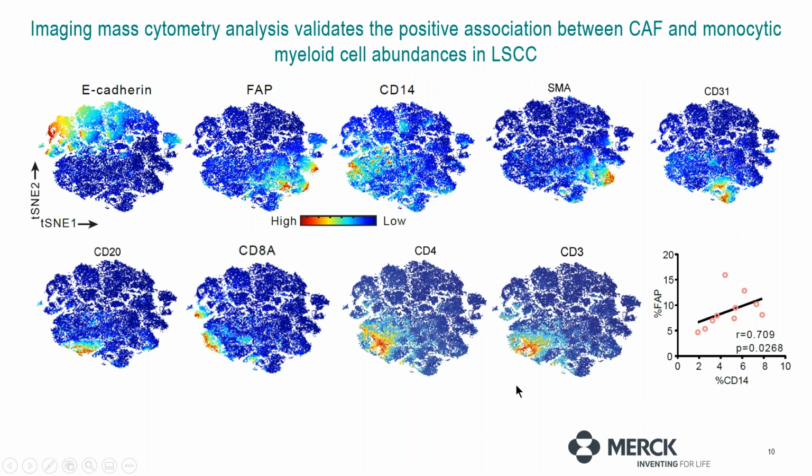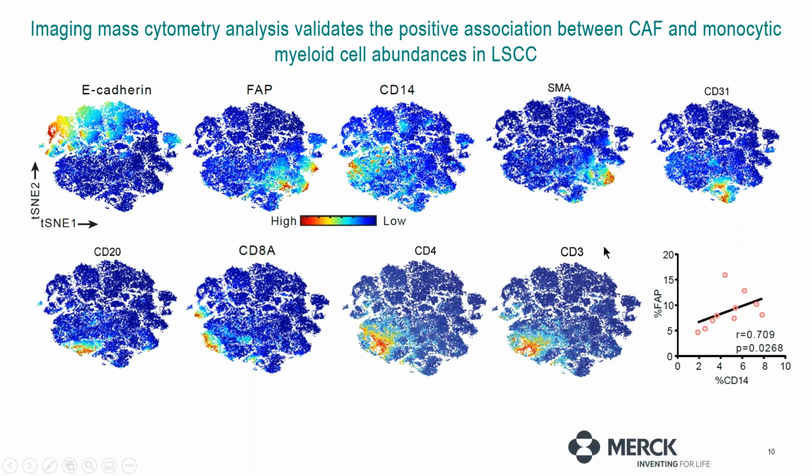We're also able to break down those tSNE plots into individual donors, so that we can get out those CD4 positive or CD14 positive cells and quantify the percentage of the cells in each of the patients.